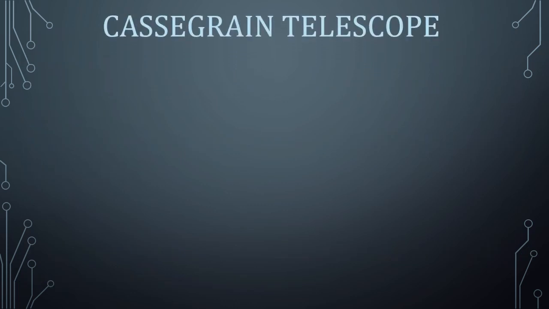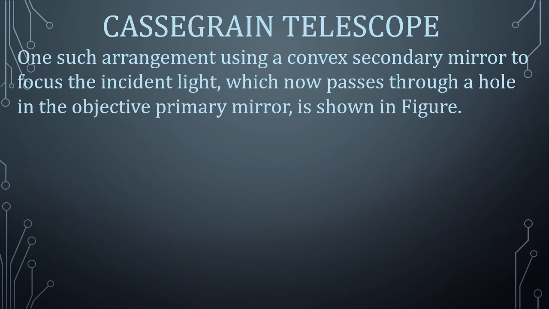Such a type of telescope is known as a Cassegrain telescope, named after its inventor. So in this kind of telescope, a convex secondary mirror is used to focus the incident light, which will now pass through a hole in the objective primary mirror as shown in the figure.